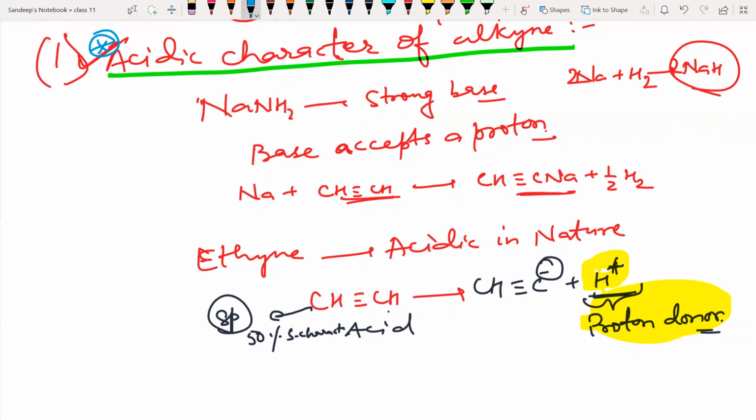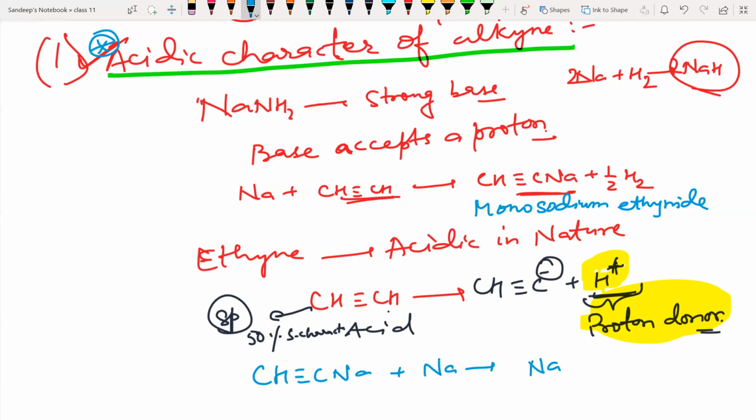So this compound is called monosodium ethanide. Another molecule can react with this, so it can form disodium ethanide.